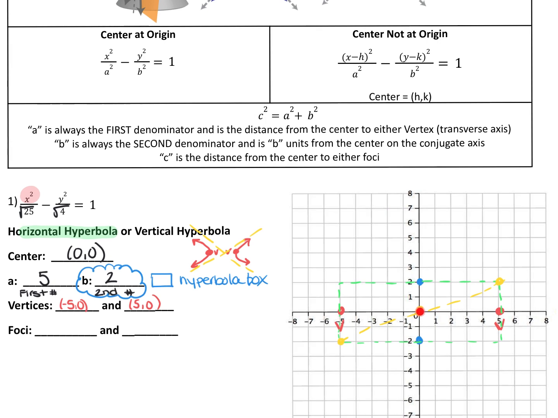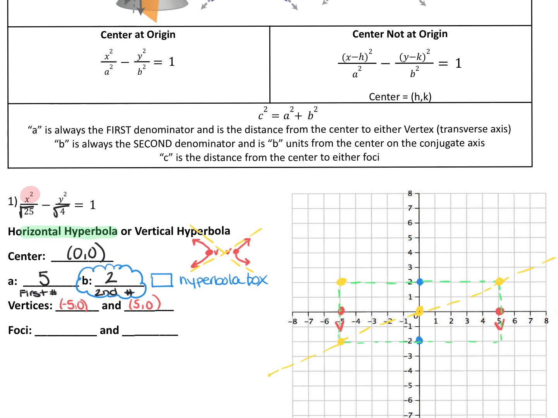So how much did we go from the center to here? We went over 5, up 2. So we can go over 5, up 2, and estimate where that would be, somewhere here. And then on this left side, we can go down 2, and then over 5 is somewhere over here, right? And then we're going to do the same thing for the other side.